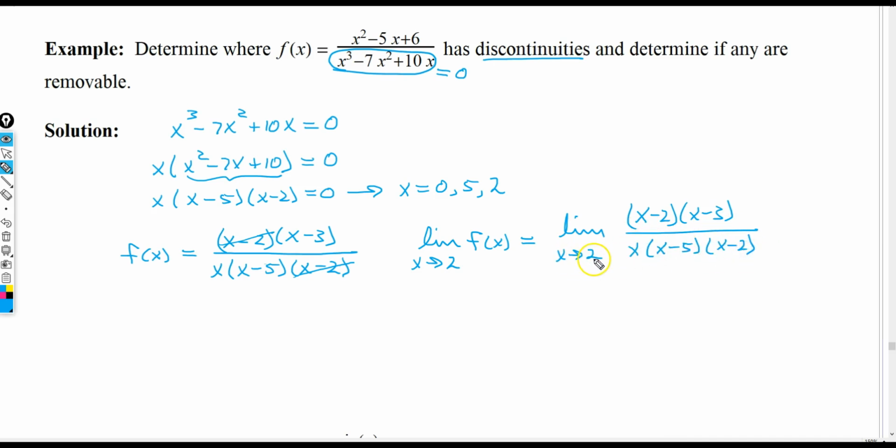Now, as x approaches 2, it never actually touches 2, or it never equals 2. x is never equal to 2, so we're justified in canceling these, and now you see we can plug 2 in for each of these x's, and we do get a value back.